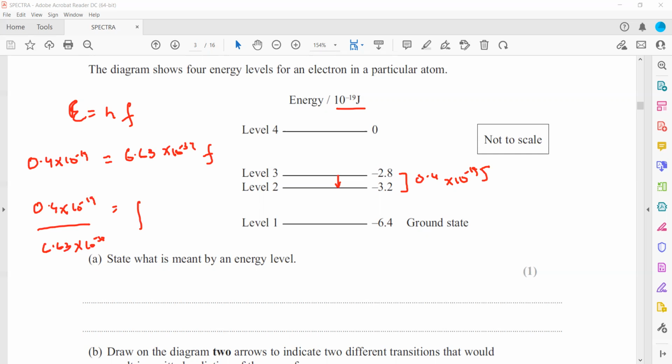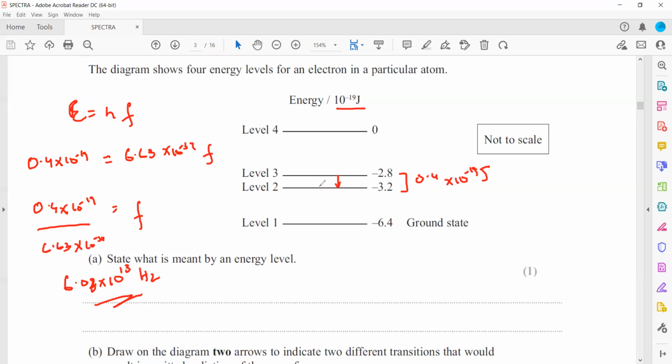When we divide the two values, we get the frequency, which comes out about 6.03 into 10 to the power 13 hertz. This is the frequency of a photon, or a wave, which is emitted when electron transits from the smallest possible difference, from level 3 to level 2.